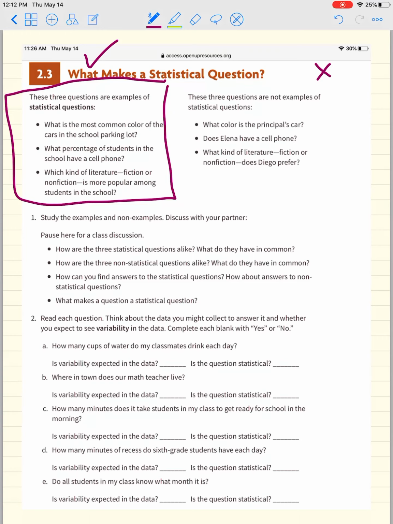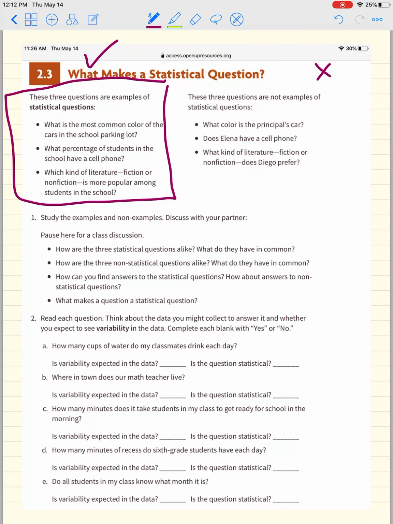What percentage of students in the school have a cell phone? Okay, so you're going to have different answers there for students that don't and students that do, and you're going to get a number answer. And then what kind of literature, fiction or nonfiction, is more popular among students in the school?